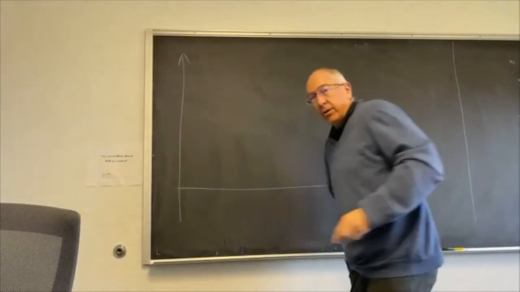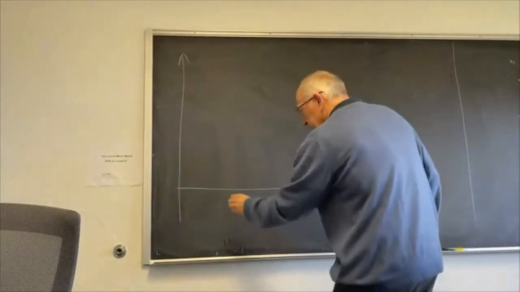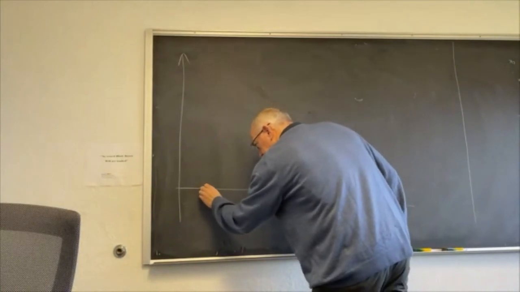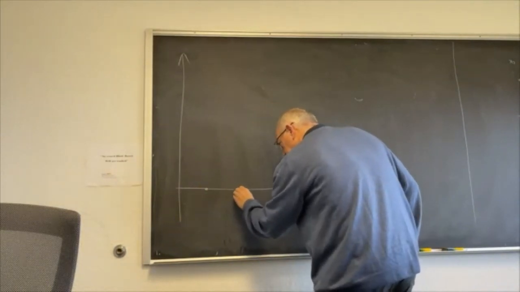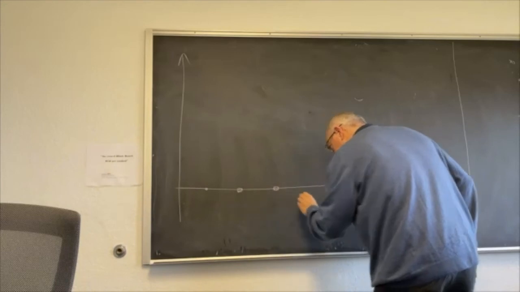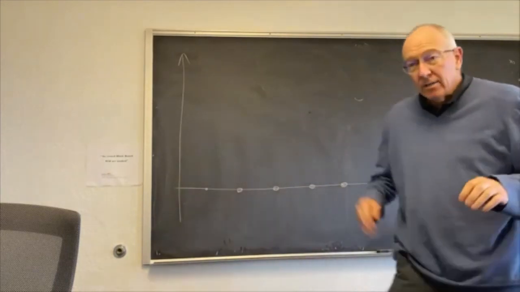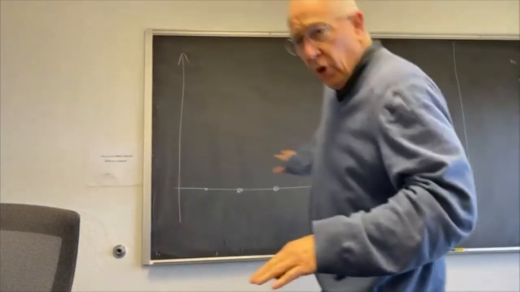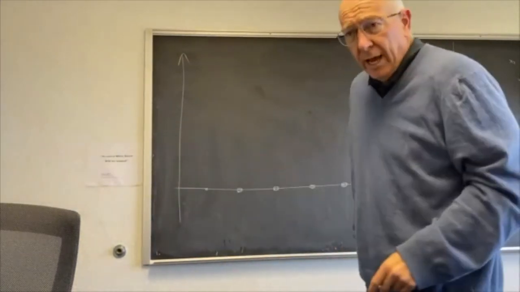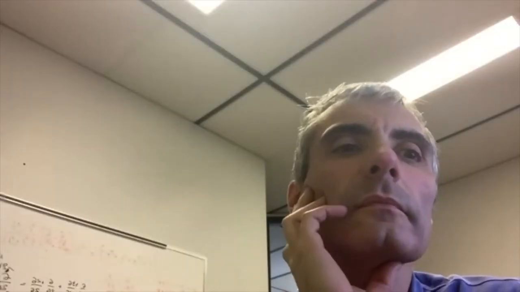There are computational experiments where people start solitons. I'm going to draw little dots for where you put solitons, very regularly spaced. So not a continuum limit, but just a large number of them. Each one has a random speed. I'm going to try to draw random speeds.